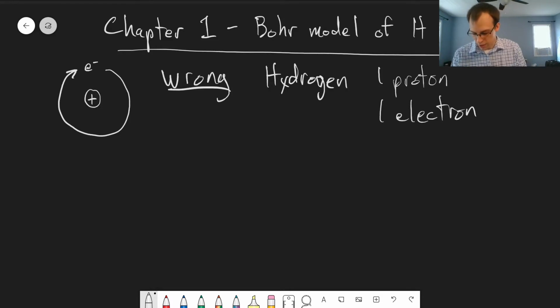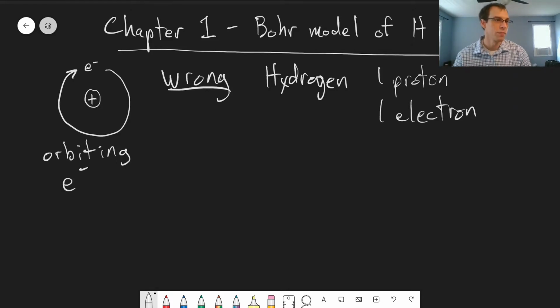And Bohr's idea is that we have sort of an orbit: an electron orbiting that single proton that's the hydrogen nucleus. So the question is, how can we take what we know about positive and negative charges and understand what's going on here? What force holds that electron there?